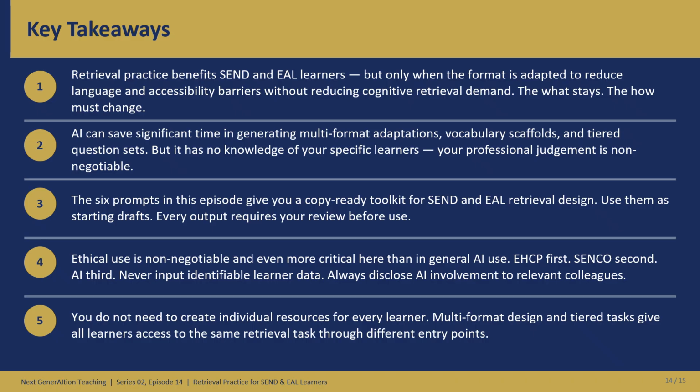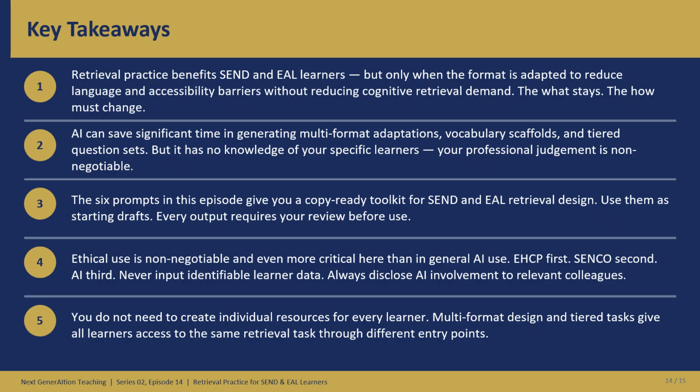3. 6 copy-ready prompts. Use them as starting drafts. Review every output before use. Verify against your EHCP knowledge, your curriculum, and your professional understanding of each learner. 4. Ethical use here is non-negotiable and more critical than in general AI use. EHCP first, SENCO second, TA third, AI fourth.